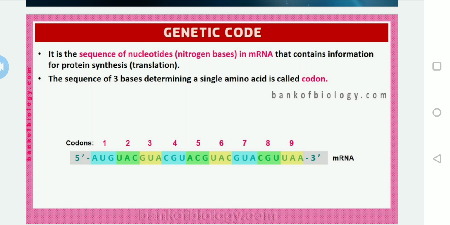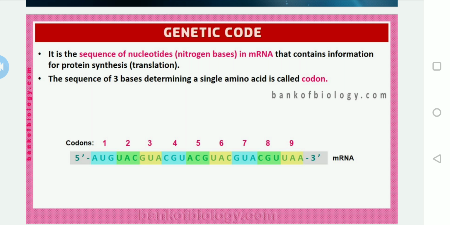In other words, the coded message or genetical information present on the messenger RNA strand is decoded into a polypeptide chain, which is nothing but the protein. It is also called genetic code. Are you getting how I can define the genetic code?